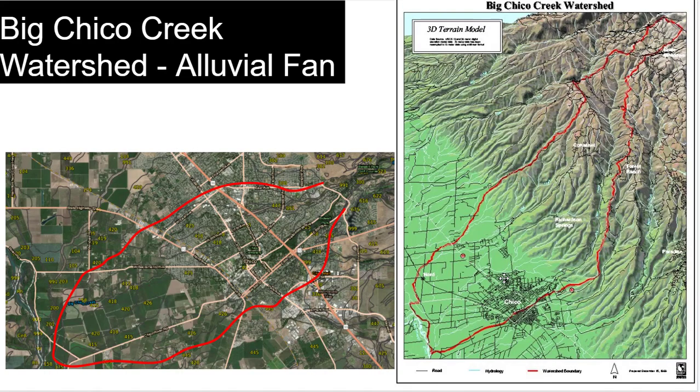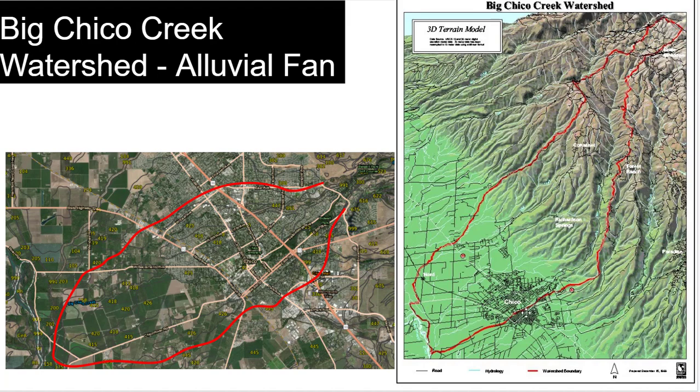So once again, we talked about Big Chico Creek. Here's a little bit better delineation of the Big Chico Creek watershed coming out of the headwaters up here around 6,000 feet on Colby Mountain, making its way down through the canyon and coming out through Big Chico Creek. Right in here is about where Bear Hole is, and onto our campus and out towards the Sac River.